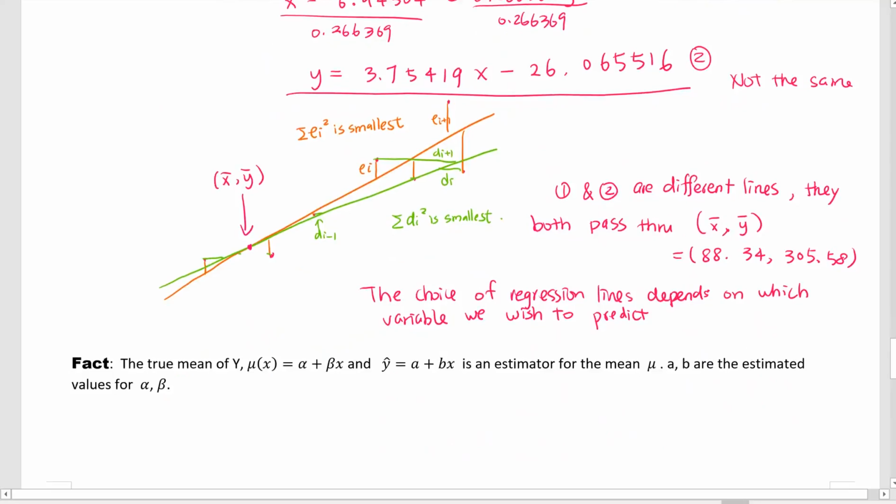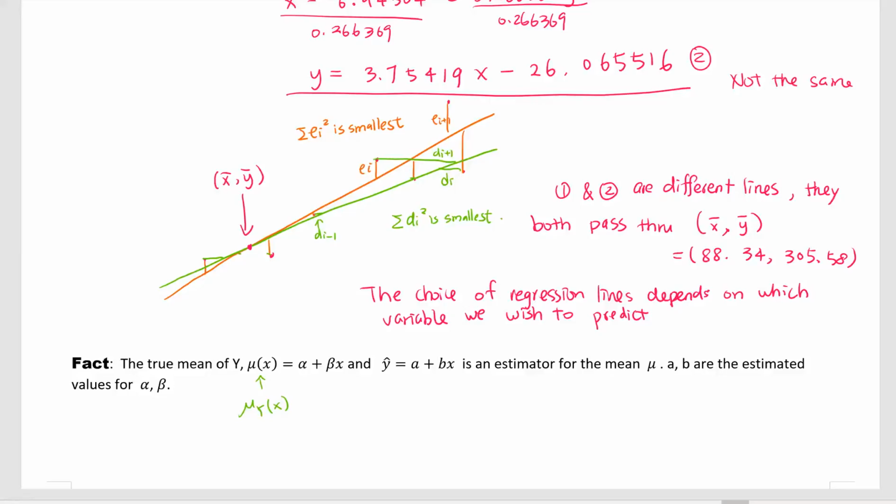Alright, a fact. The true mean of y, which is mu, or if you like notation, mu is the mean of y as a function of x. So it's a linear function, alpha plus beta x, and y hat equals a plus bx is an estimator for the mean mu.